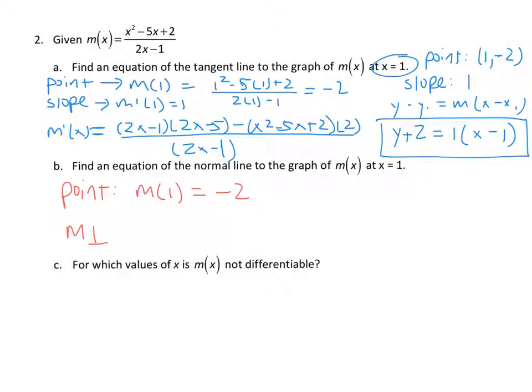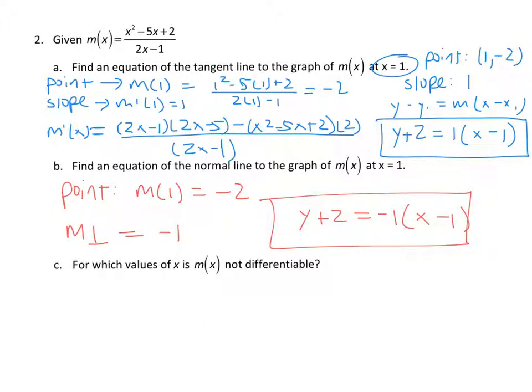Since the slope of our tangent line was 1, the perpendicular slope is going to be negative 1. And the equation of the normal line is y plus 2 equals negative 1 times x minus 1.